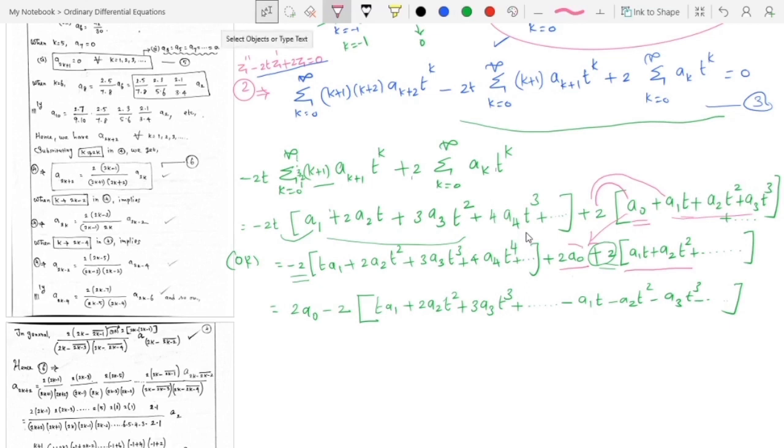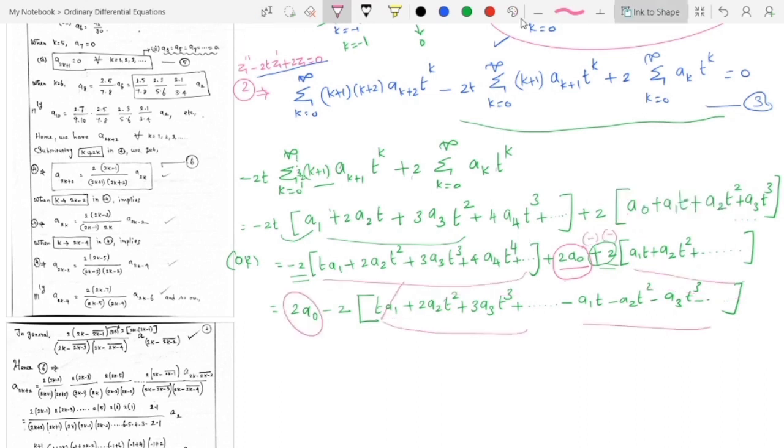So what we have written, the constant term 2a0 first. So group these two terms. Here 2 is common, that is minus 2 is common, so the remaining terms are repeated as they are. Here 2, here minus 2 common out, but we are having plus 2, so write the remaining terms as minus, where t a1 minus t a1 cancel each other. 2a2 t square minus a2 t square, that is 2 minus 1, that is 1 a2 t square. 3a3 t cube minus a3 t cube, that is 3 minus 1, 2a3 t cube.